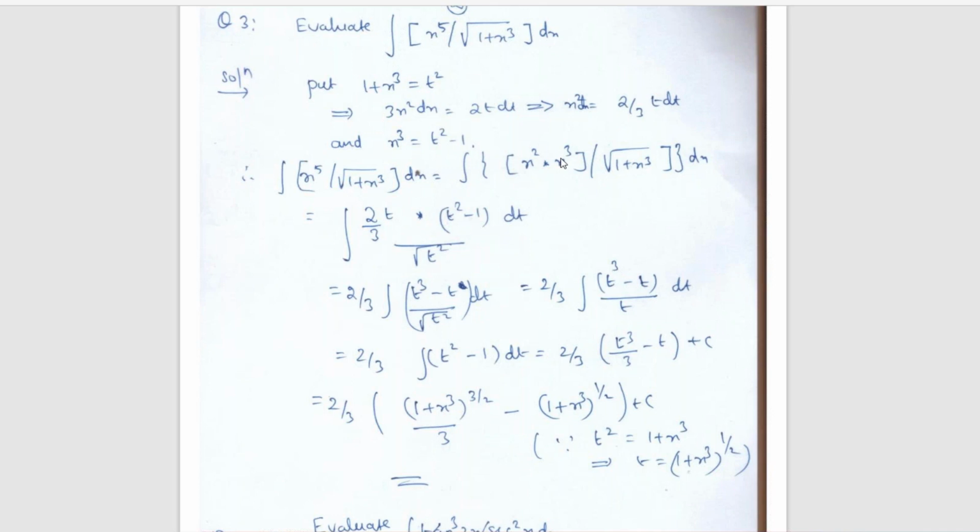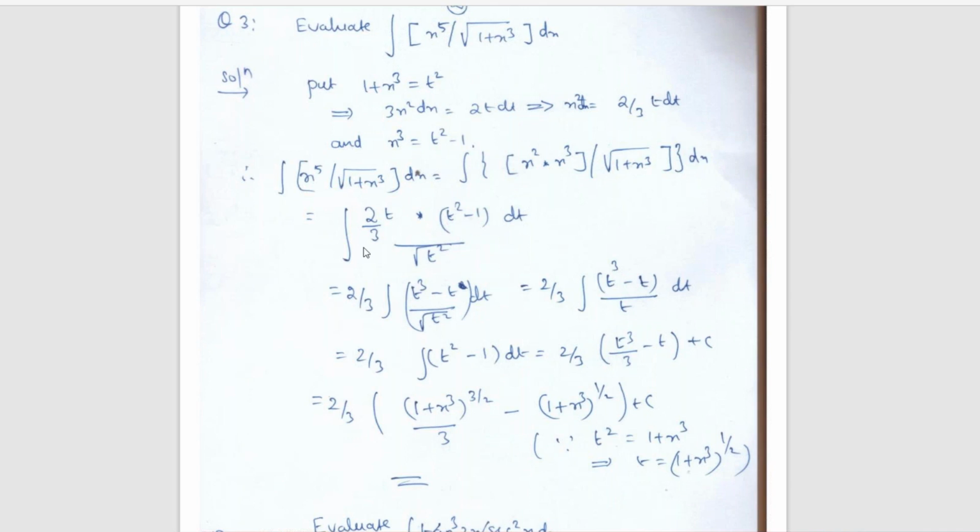So find x cube from this. 1 plus x cube is t square, right? So x cube is t square minus 1. Replace it here. So t square minus 1 upon square root of 1 plus x cube, so square root of t square. Now the given integral reduces to this form.